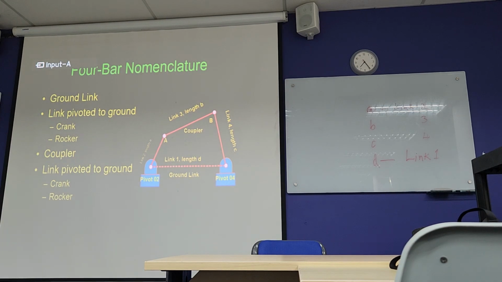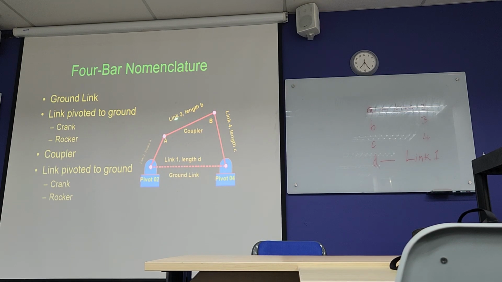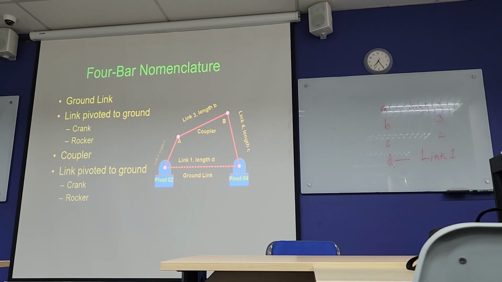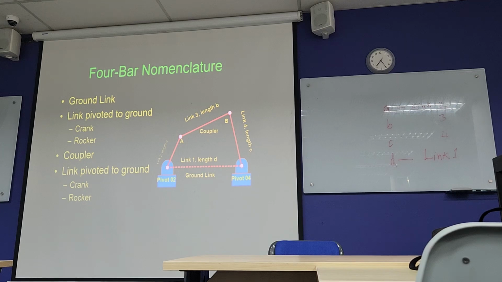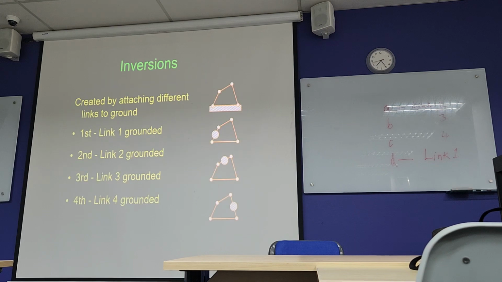So you have seen this is a crank. The link connecting link 3 can be called a coupler link. Now in this case, this is the ground link.